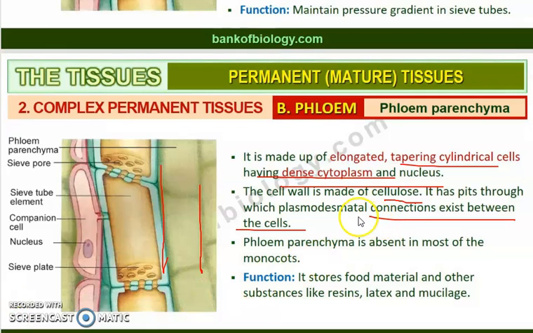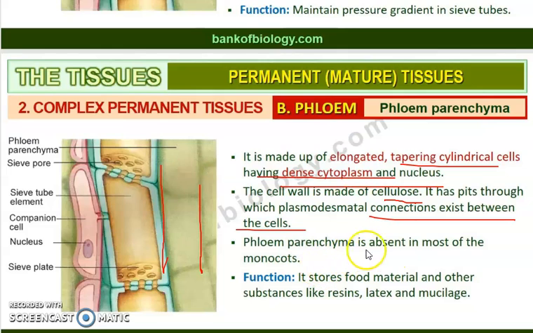It is a narrow thread of cytoplasm that passes through the cell walls of adjacent cells. This cytoplasm passes through the cell walls of adjacent plant cells, and it helps in communication between the cells.